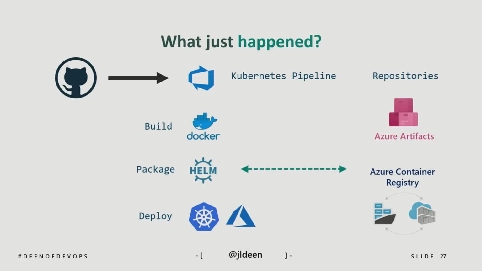We can also push that, by the way, over to Azure Container Registry, because you can have your own private Helm chart repository in ACR. And then we ultimately took everything, bundled it up, and deployed it out to Kubernetes on Azure. We did it to a dev stage and a prod stage. And by the way, the time for that entire demo is just over 31 minutes. So you really can get started very simply.